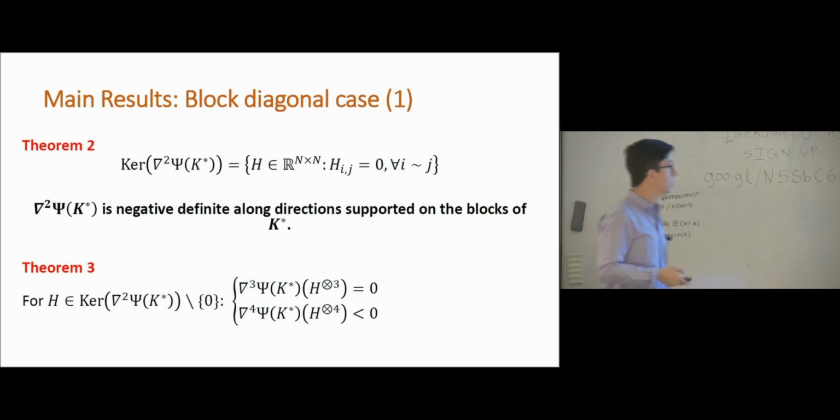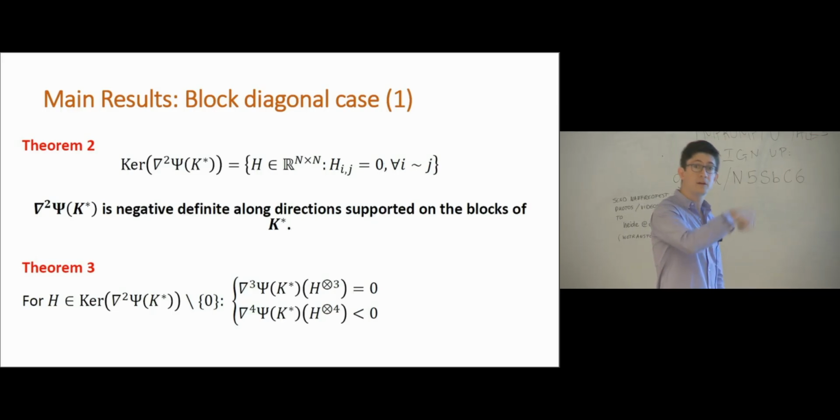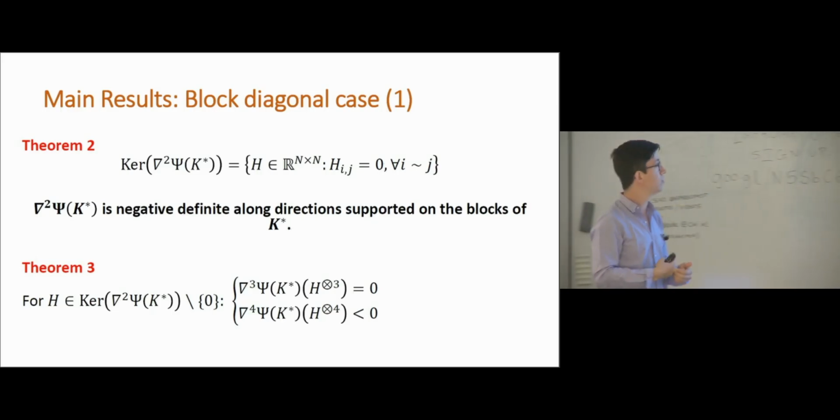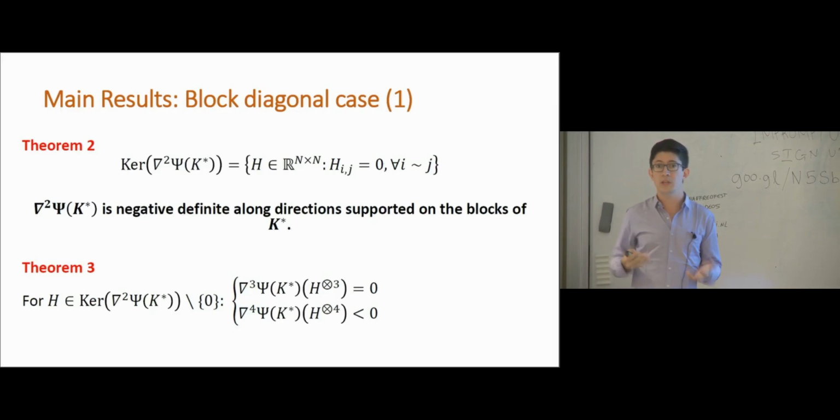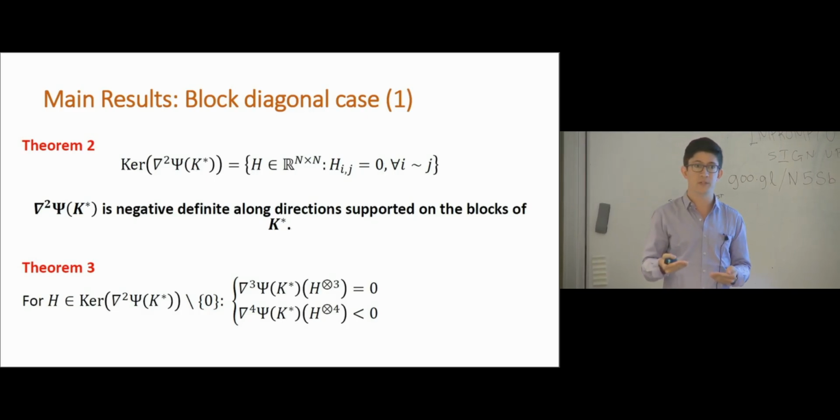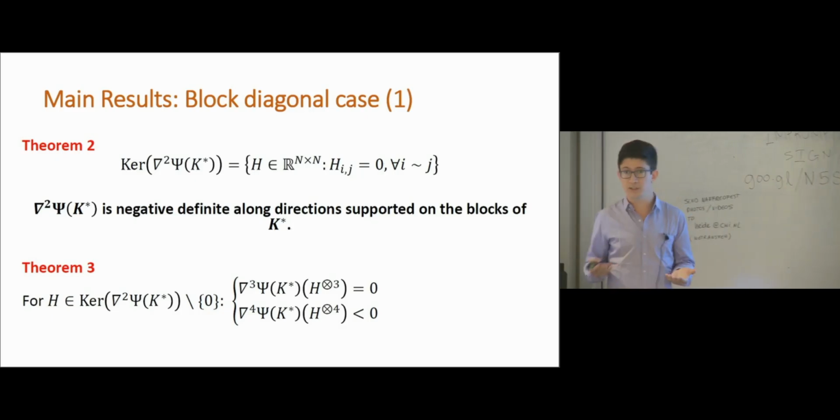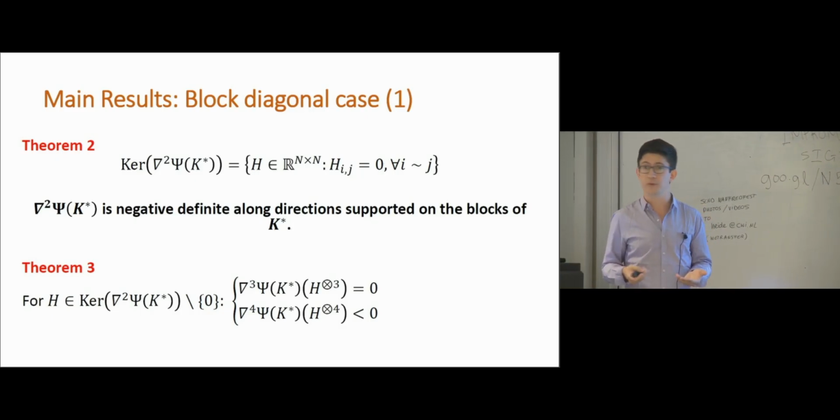And for matrices H that are in the null space of the Fisher information, we need to look at what is the order of the first derivative of the log likelihood that no longer cancels, because this will rule the rate of convergence.